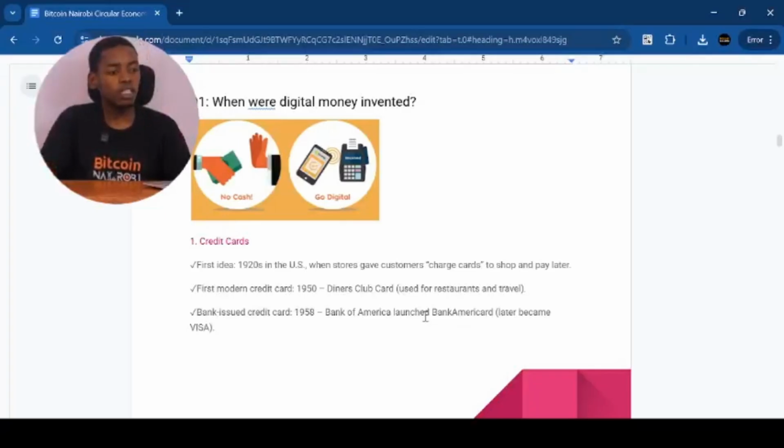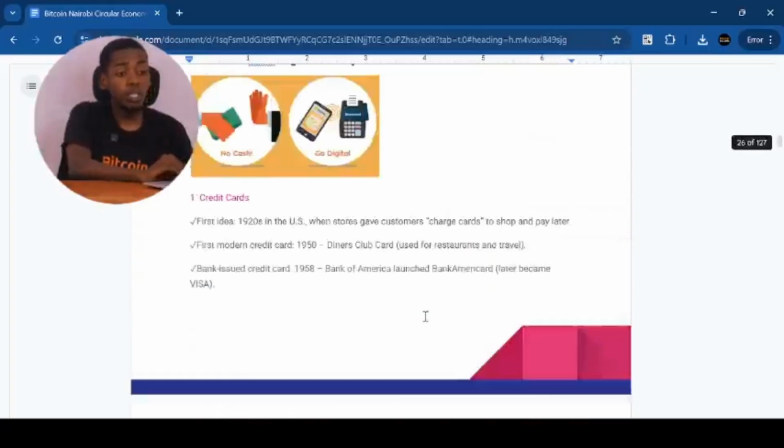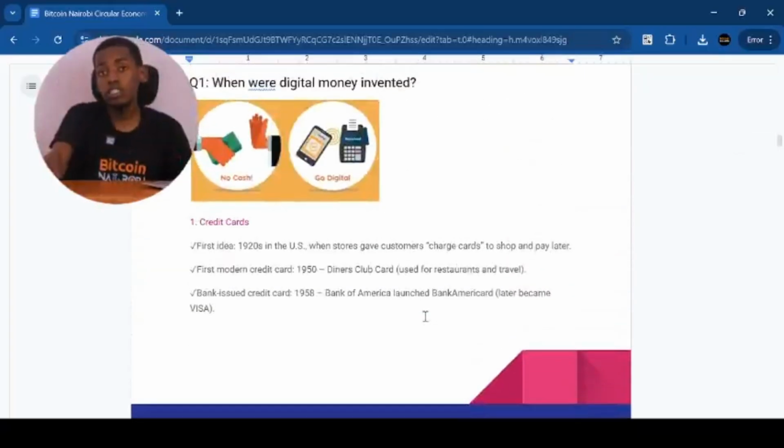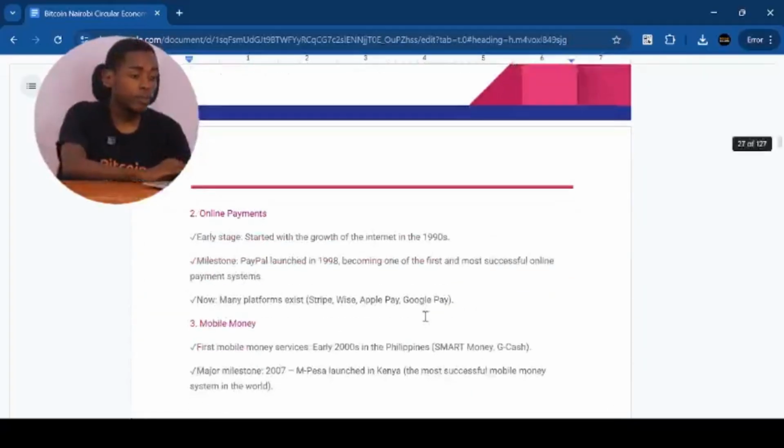The first modern credit card was in 1950, the Diners Club card, used for restaurants and travel. Also in 1958 a bank issued a credit card. Bank of America launched the BankAmericard, which later became Visa. That's when we first invented digital money.